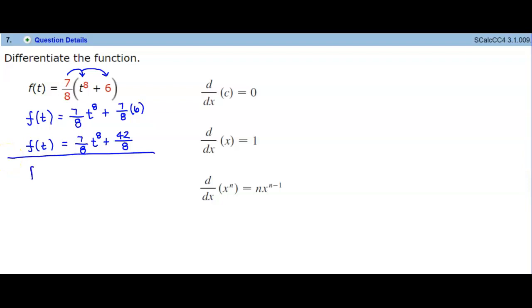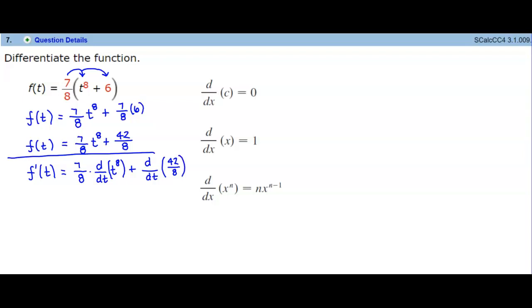So now we want to find f prime of t, which is equal to the constant of 7/8 times the derivative with respect to t of t to the 8th plus the derivative with respect to t of the fraction 42 over 8.